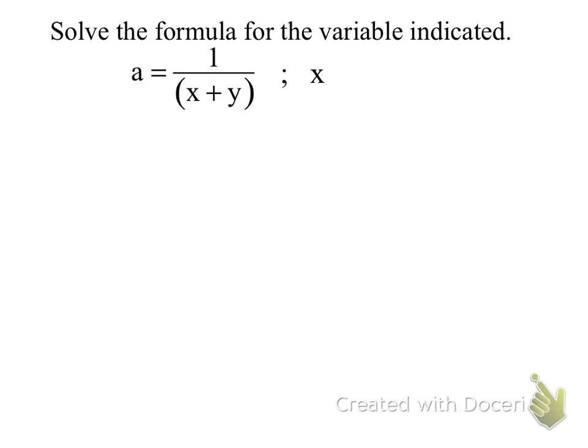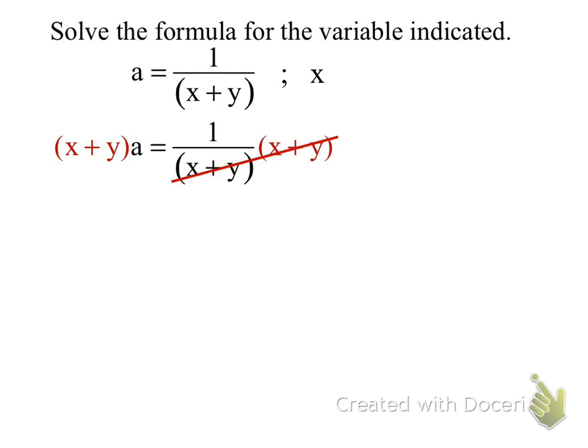You must multiply by X plus Y over 1, the reciprocal of the fraction. Okay? Now, what happens is they cancel out, and now it's out of the denominator.